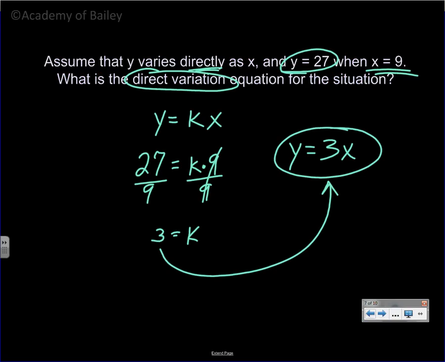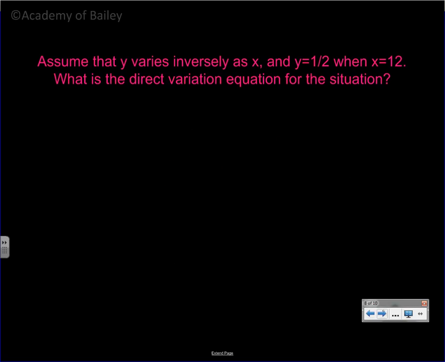You just have to pay attention. The key here is to pay attention to how x and y vary. Look here. Assume that y varies inversely as x, and y is 1/2 when x is 12.